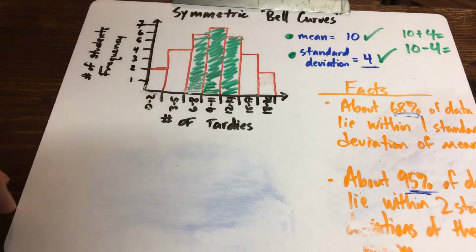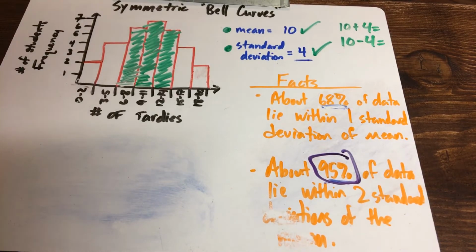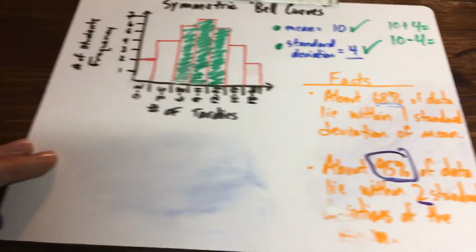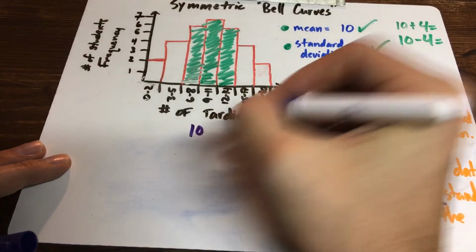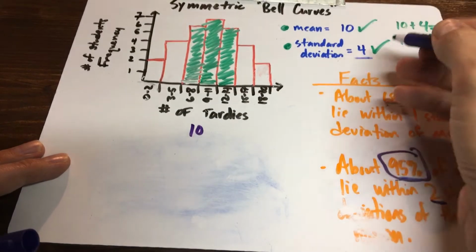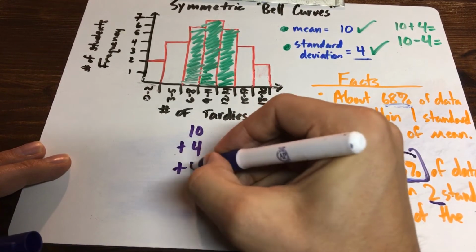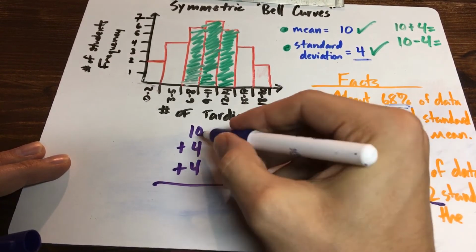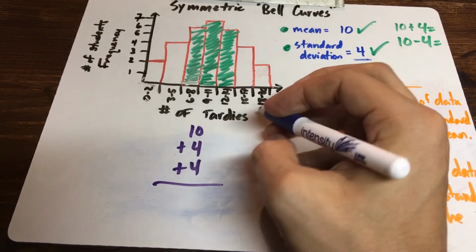About 95%, let me scoot it over, 95% of the data are within 2 standard deviations, right? So if our mean is 10, and then one standard deviation was 4, and we could say 4 above, we're also going to do it twice, right? So 2 standard deviations would be 4 plus 4.